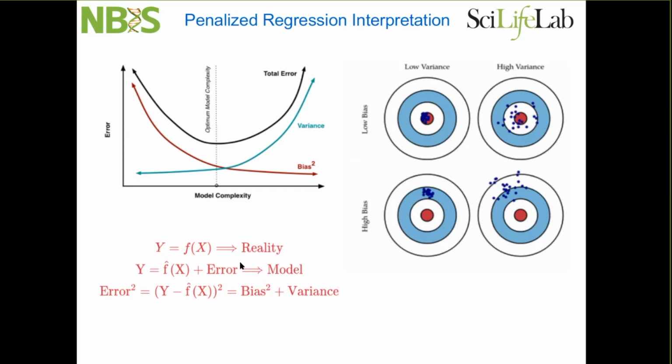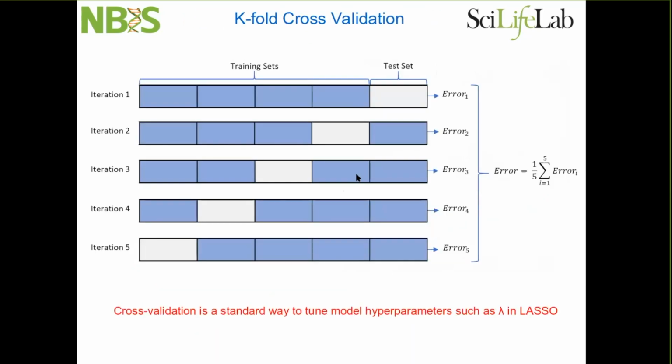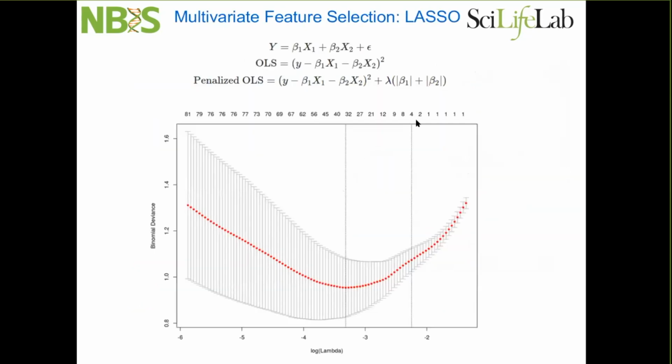In real life, you often prioritize either bias or variance, depending on your purposes. By the way, the penalty which Lasso introduces can be seen as increasing the bias of the model. You bias your model deliberately in order to make it more generalizable, in order to decrease variance.